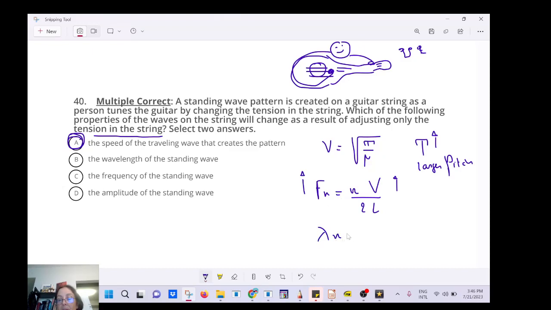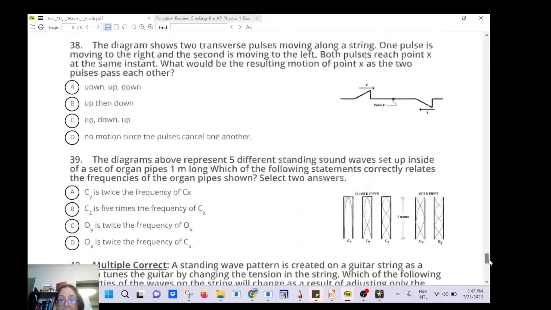If you take the wavelength, it's going to be speed divided by frequency. So it's going to be V over V divided by 2L. So no, it's not going to change. Okay, so you are changing the speed and you are changing the frequency. You are not changing the wavelength. Okay, so for those who play guitar, you already know that. You don't need the physics for that.